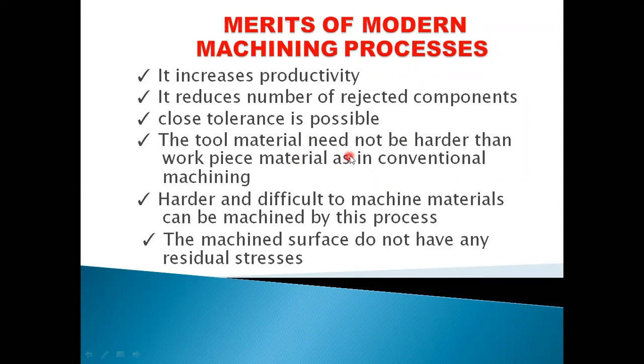Here, you don't have to worry about the hardness of the tool compared to the workpiece. Harder and difficult-to-machine materials can be machined by this process, as I said, glass and ceramics, with a lot of applications where I have to machine them. So I can easily do it using the modern manufacturing or non-traditional machining processes.